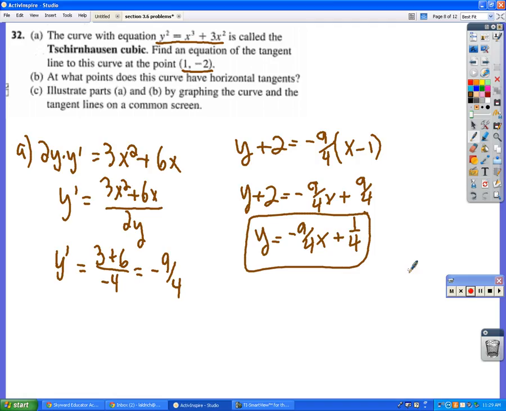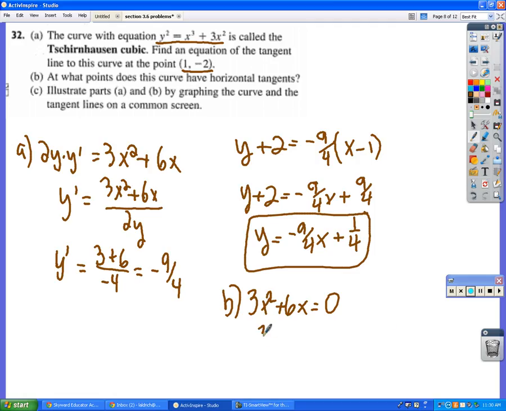Good stuff. All right, part B. At what point does this curve have horizontal tangents? What's true about the slope of a horizontal tangent? 0. So I need to take this derivative and set it equal to 0. It's just the top that has to equal 0 when you're dealing with the fraction.